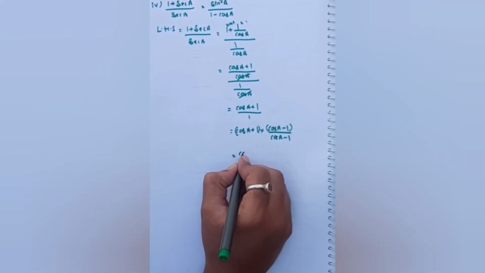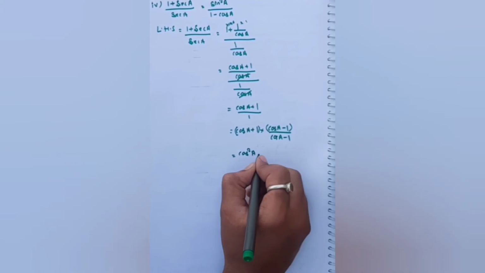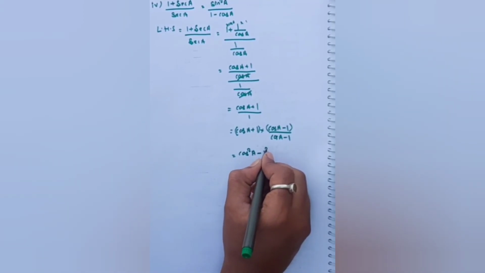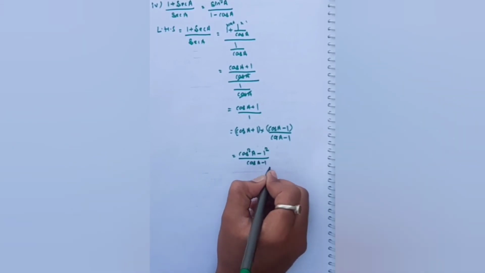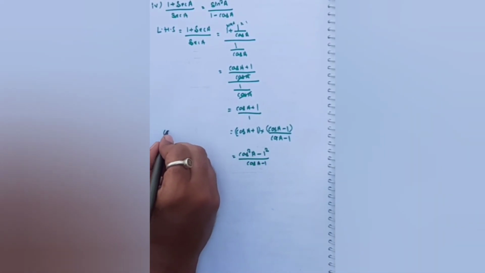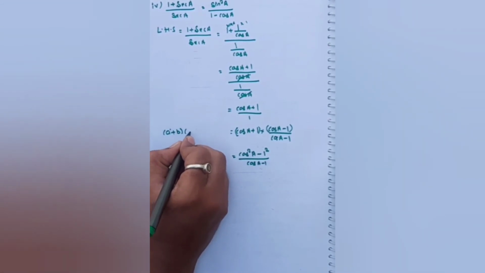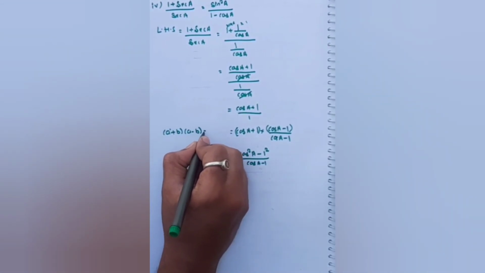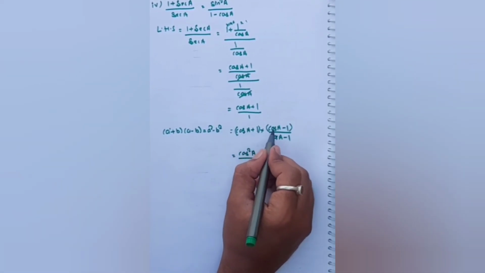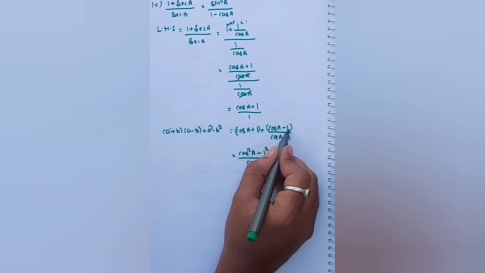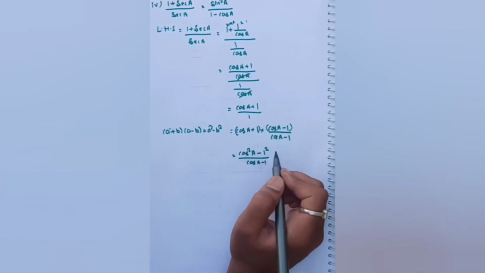So now this becomes cos square a minus 1 square, and this divided by cos a minus 1. So here the reason: a plus b, a minus b is equal to a square minus b square.